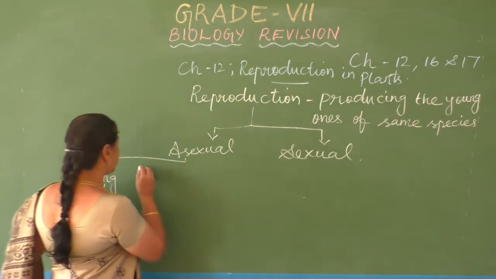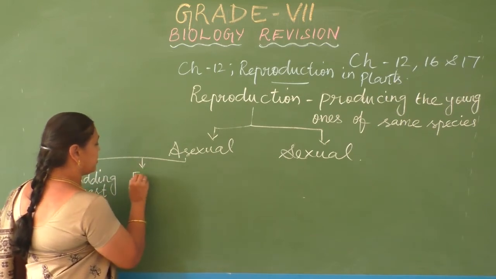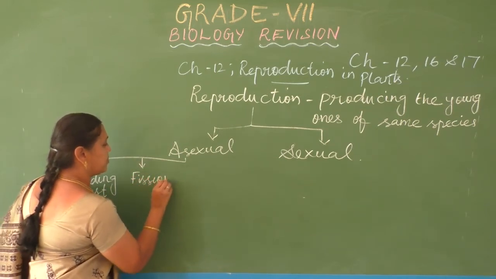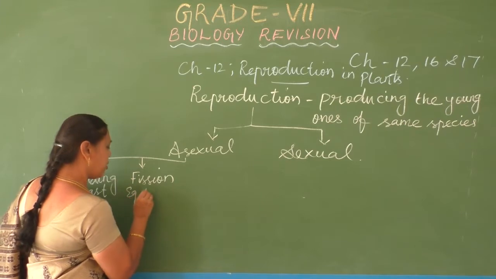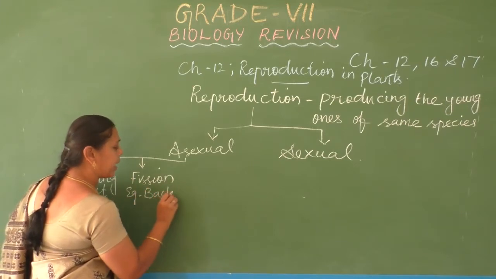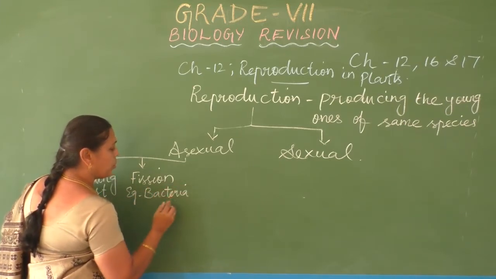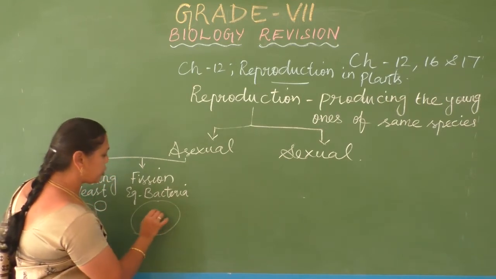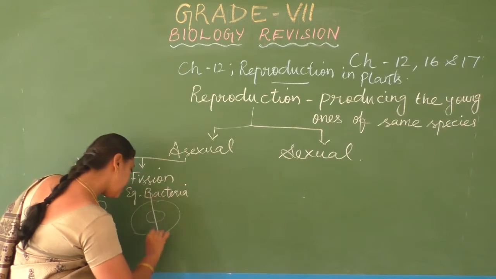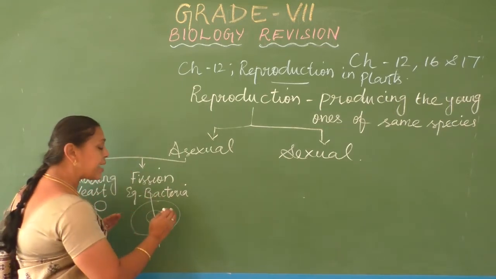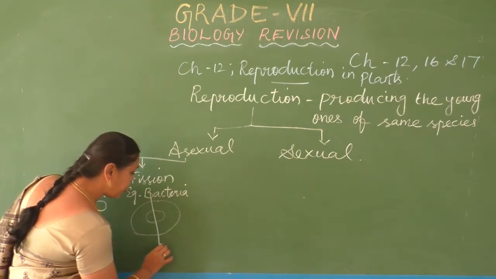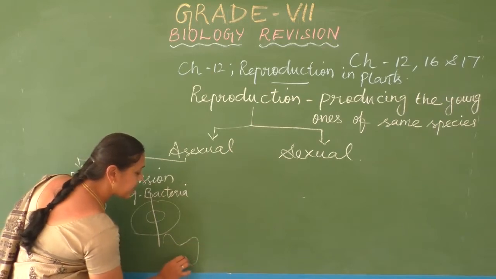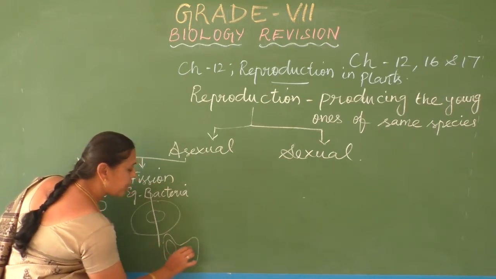Next one, fission. Well-known examples are bacteria and amoeba. What will happen? The new individual will start to grow when the parent individual divides into two. That is, a new constriction will occur in the center, and the nucleus will also divide.